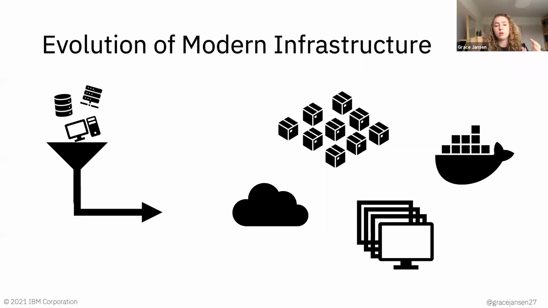So, the evolution of modern infrastructure. We've gone from single core data centers on site to utilizing primarily cloud infrastructure where we can now take advantage of multiple cores and multi-threading. We've got a naturally distributed manner in which our applications are deployed, and we can utilize things like virtualization and containerization.